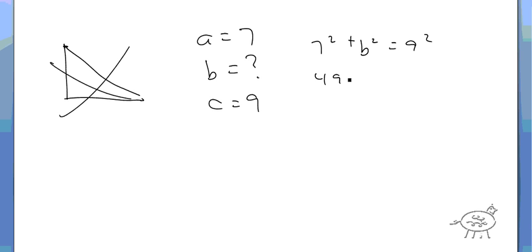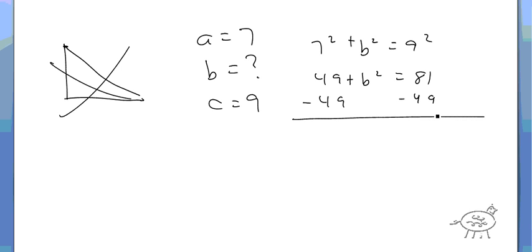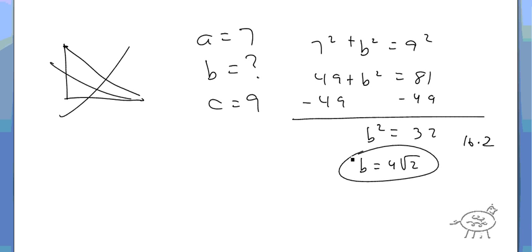So 49 plus B squared equals 81. Subtract 49 from both sides, and we get 32. So B squared is equal to 32. And of course, that's 16 times 2, so you can pull out a 4. So B is equal to 4 root 2.